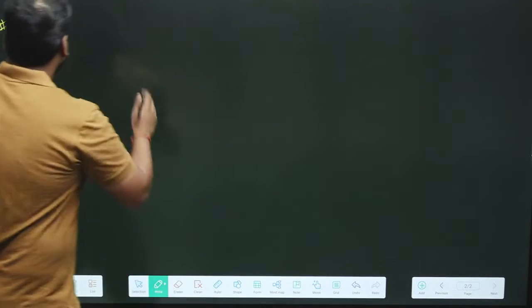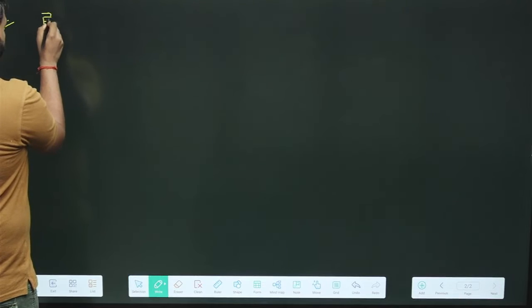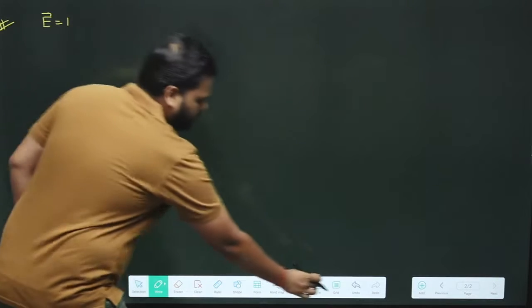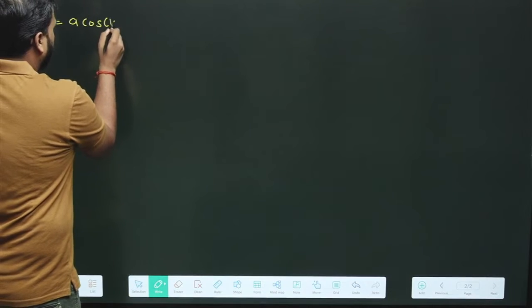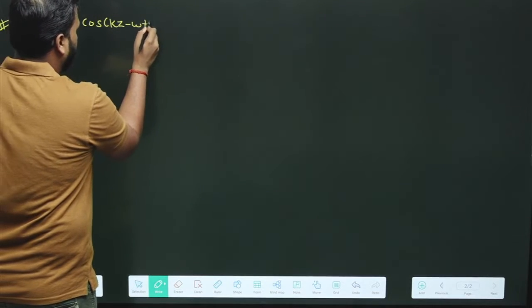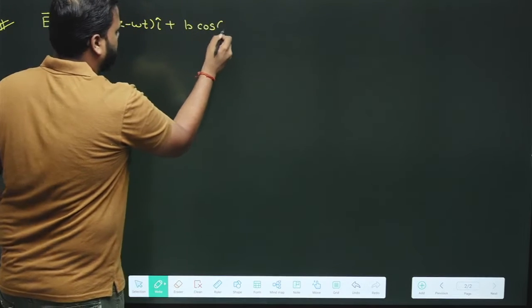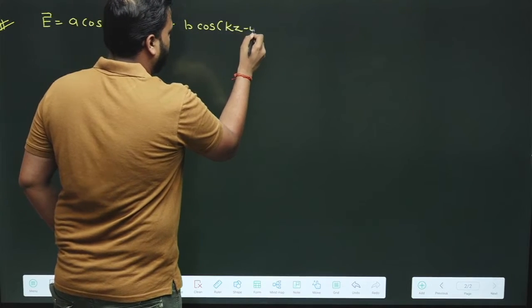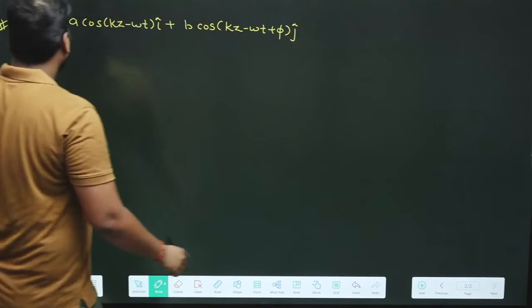Let's suppose I have written the electric field equation, and it is given as E = A cos(kz − ωt) i cap + B cos(kz − ωt + φ) j cap. This is a random electric field equation.